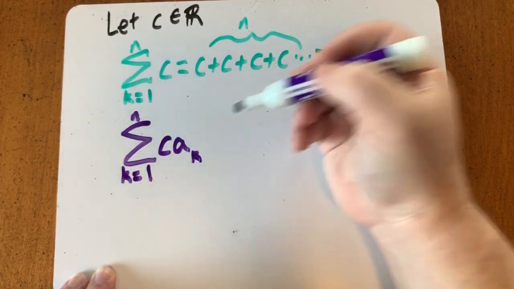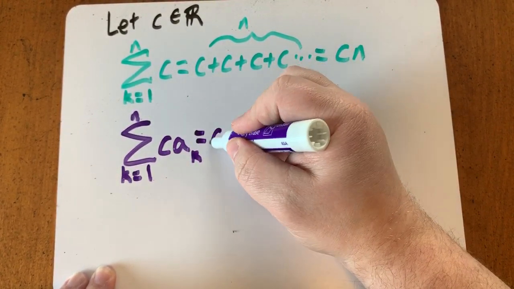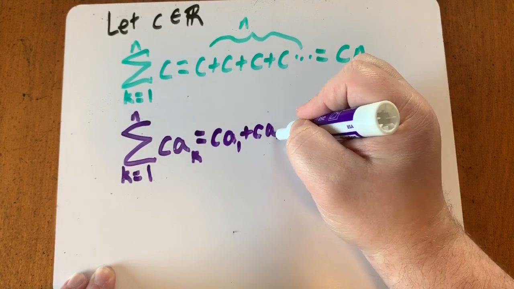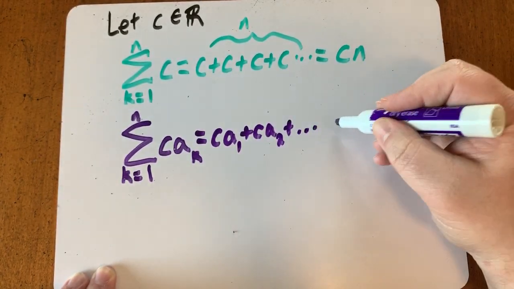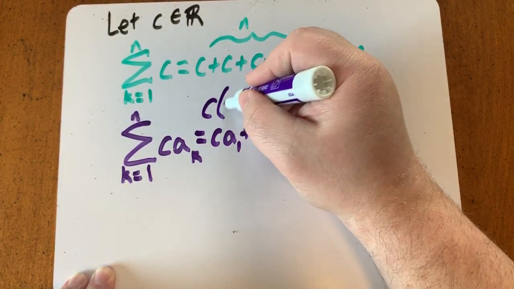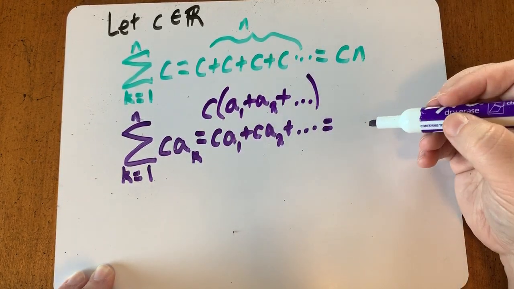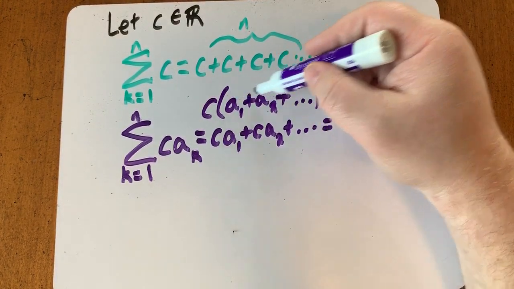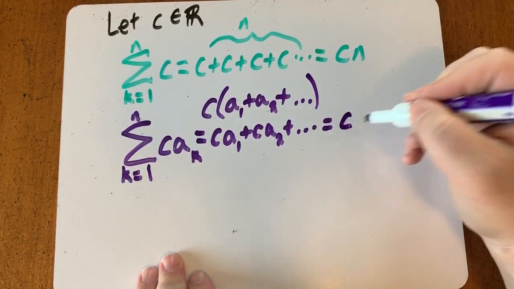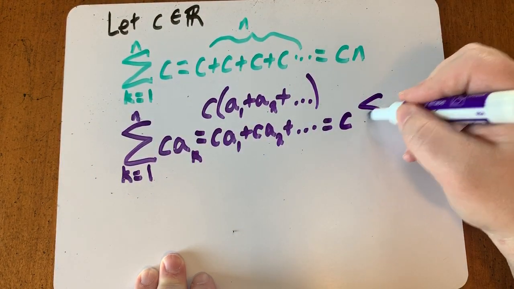If you have a constant times a sequence, then it will be C A sub 1 plus C A sub 2 plus so on and so forth. So you could factor out the C from there. So it would just be the sum of the sequence times C. If you have a constant, you can factor out the constant from the sigma.